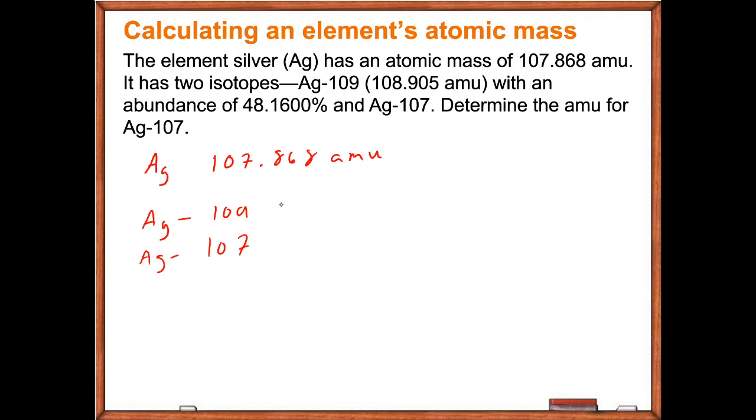They give me the atomic mass for silver 109, 108.905 AMU. And this one I don't know, so I'm just going to put x. They tell me that silver 109 is 48.16% abundance.